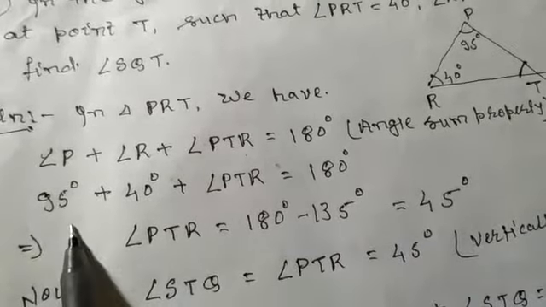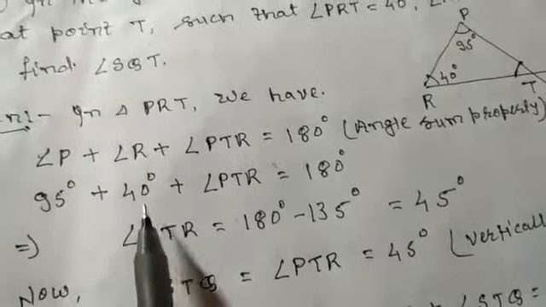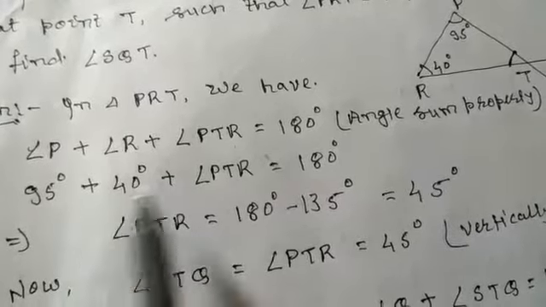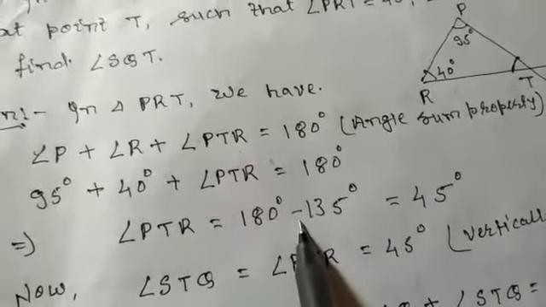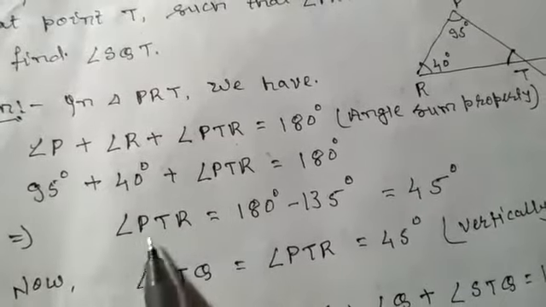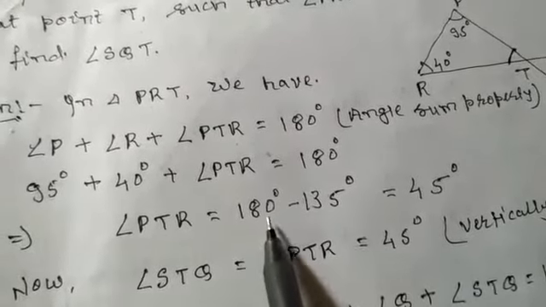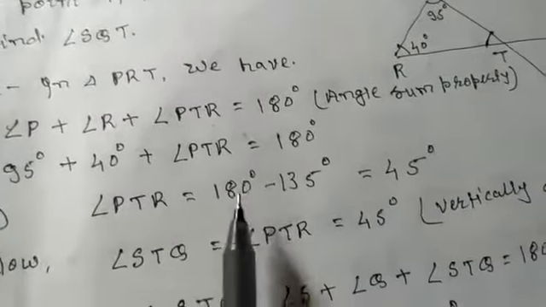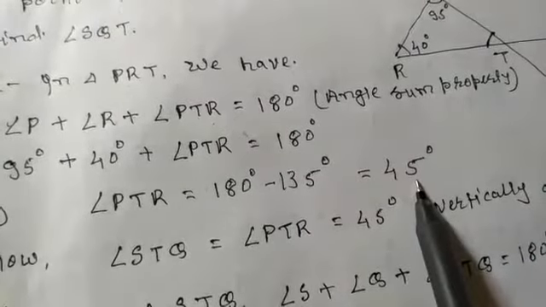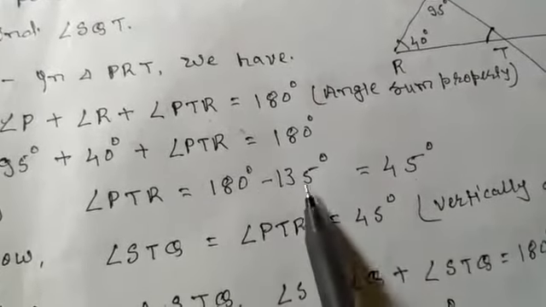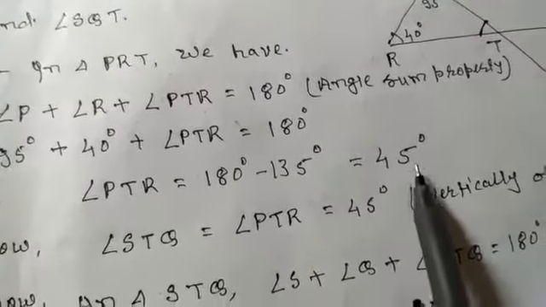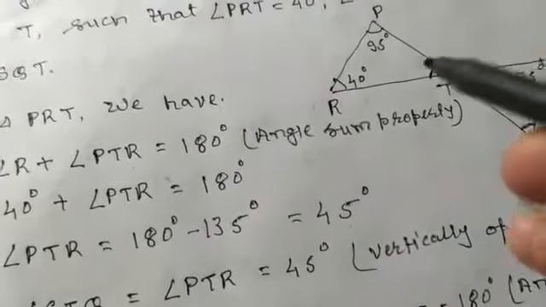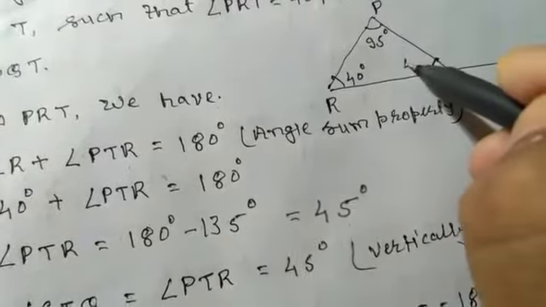When you add 95 degrees and 40 degrees, you get 135 degrees, and when you transpose it from LHS to RHS, it becomes minus. On subtraction, 180 minus 135, we get 45 degrees. So we got the value of angle PTR, which is equal to 45 degrees.